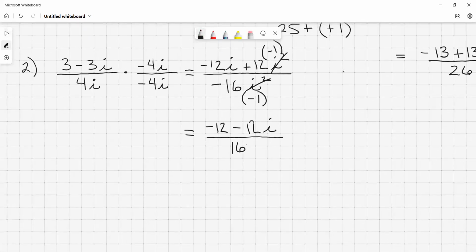And now you simplify the real part and you simplify the imaginary part. So negative 12/16, 4 goes into both of those. That's negative 3/4. Minus 12/16 is 3/4 again. And you bring along the i.